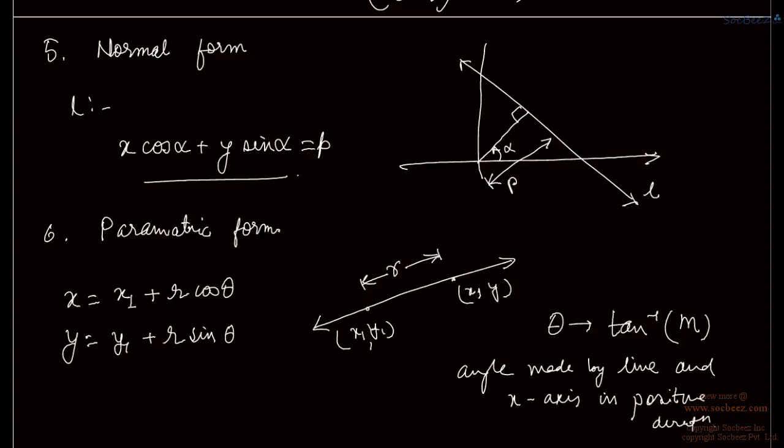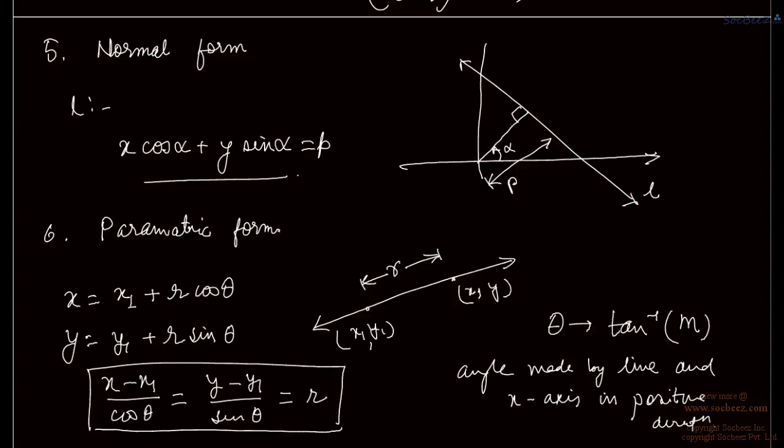That is, tan theta is the slope. So we can write (x minus x1) upon cos theta is equal to (y minus y1) upon sin theta is equal to that defined parameter variable r, right? So this is the equation in parametric form.